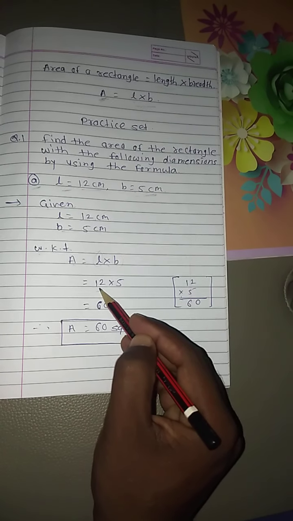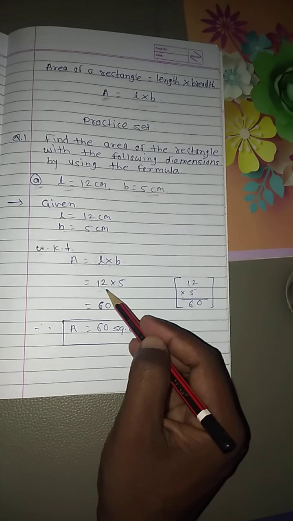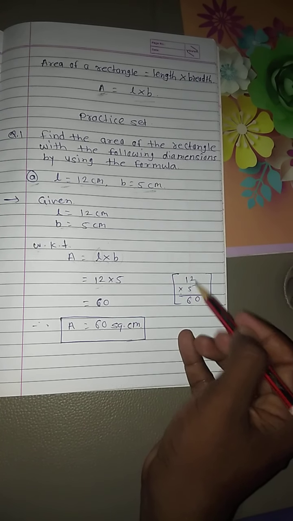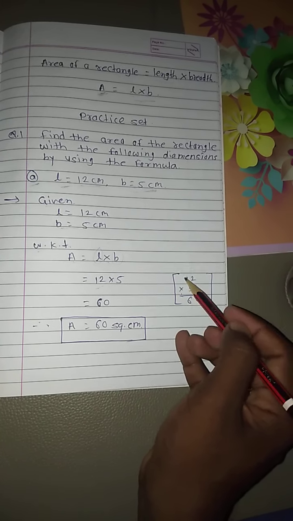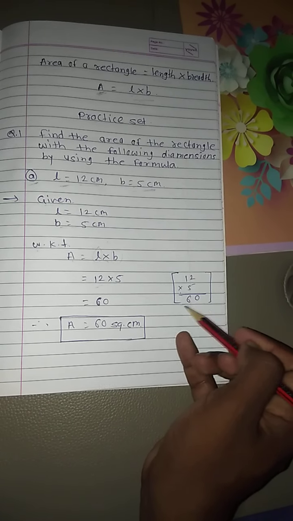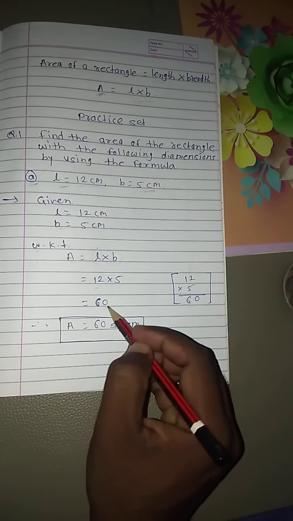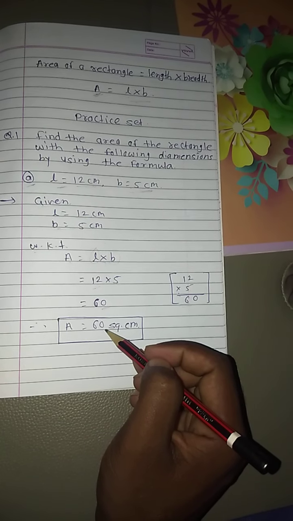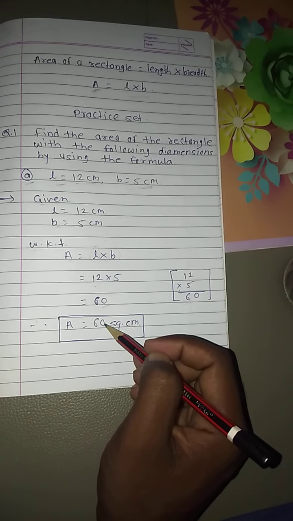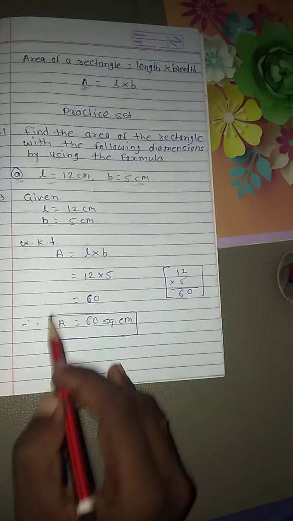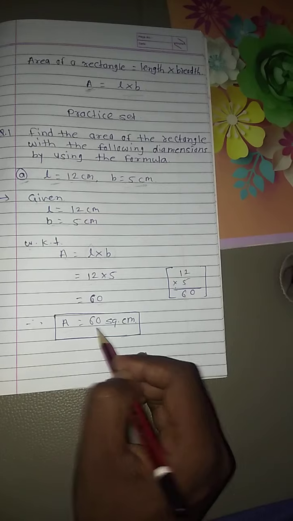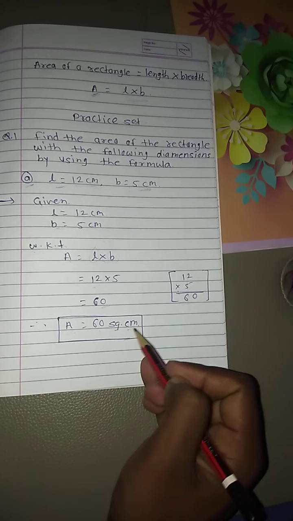Everyone knows 12 into 5: 5 twos are 10 and 1 carry, 5 ones are 5 plus 1 is 6, so 60. This is your area, but we know that area is generally measured in square units. Therefore, area of a rectangle is equal to 60 square centimeter.